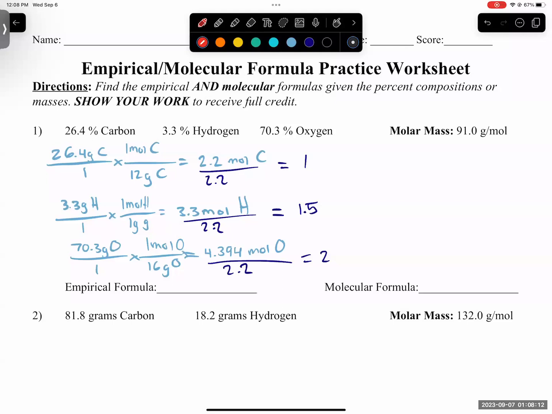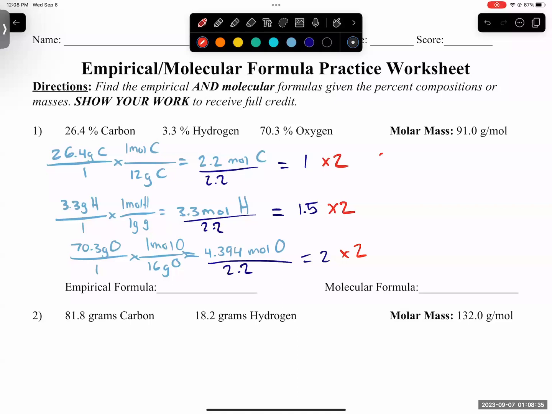Is that possible? So we want to get to the smallest whole number, so we multiply by 2 to give us 3 for that, but we have to do it for all of them. We can't just do it for hydrogen, right? So in a different color, we multiply by 2 for each of these, so that way we have a whole number of hydrogen atoms, not 1.5 hydrogen atoms.